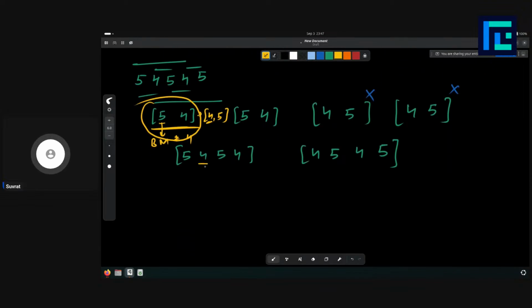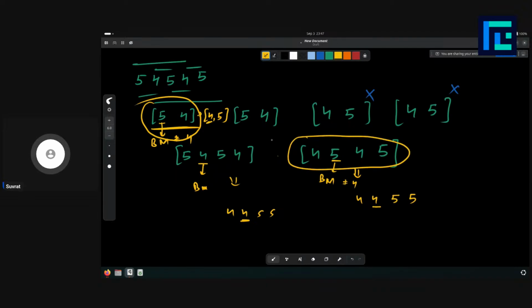The expected Bm would be this, and after sorting it will look like 4 4 5 5, and the median is 4, so this cannot be an answer. And for this one, Bm would be this, and after sorting 4 4 5 5, the median is 4 and Bm is not equal to 4. So these two can be valid answers, and this also, because this and this are the same.